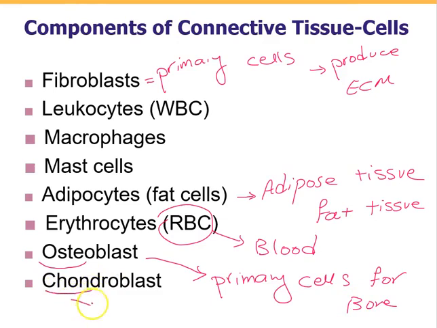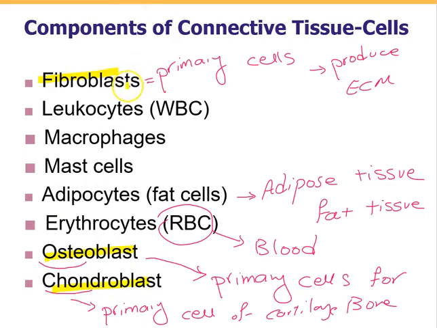So chondroblasts are primary cells of the cartilage, which means the chondroblasts are responsible to produce the extracellular matrix of the cartilage connective tissue. So then let's review the fibroblasts, osteoblasts, chondroblasts.